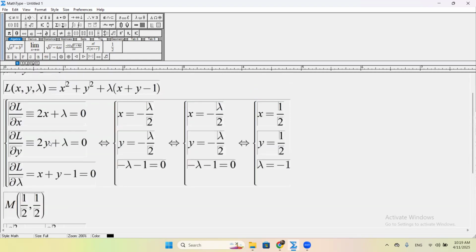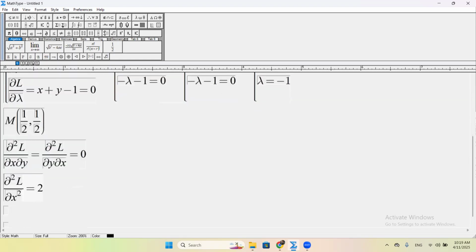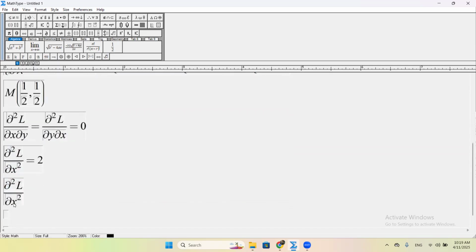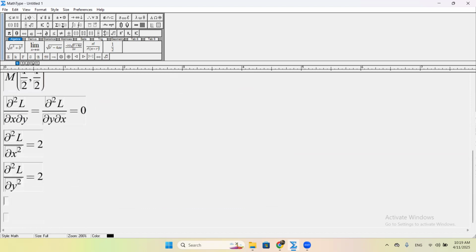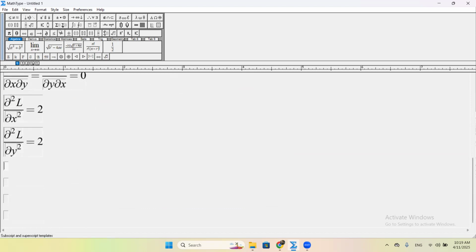So 2, and d2L by dy twice equals 2. So now we have the following matrix: 0, 2, 2, 0, 0.